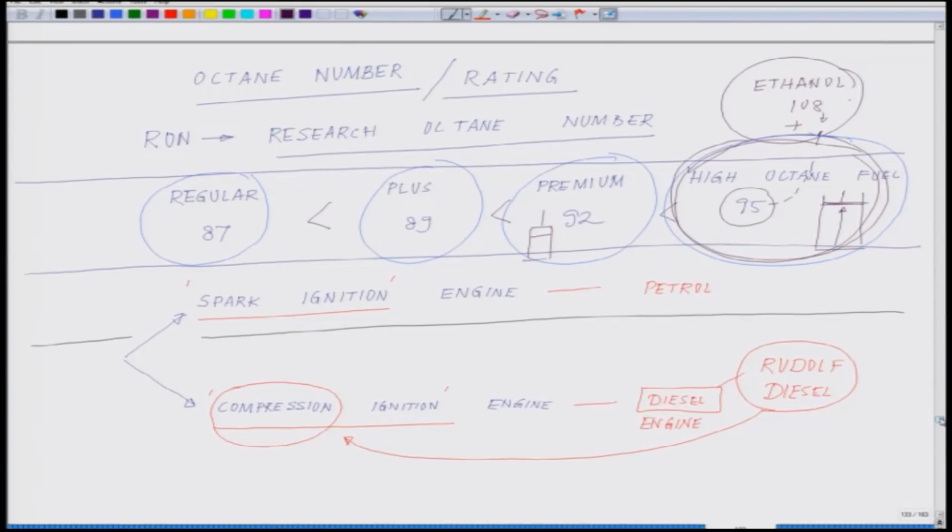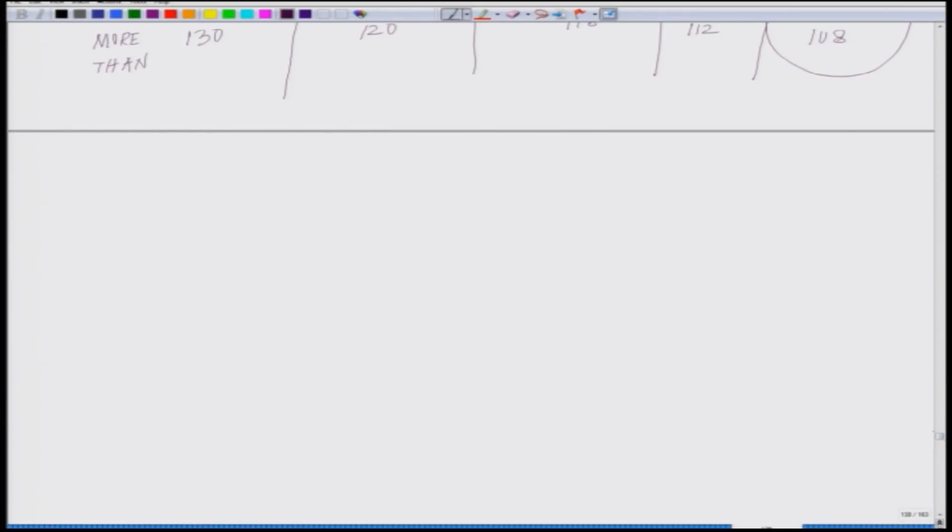There are many such additives being used, and one of the most common additives is ethanol. Ethanol is also an octane booster.